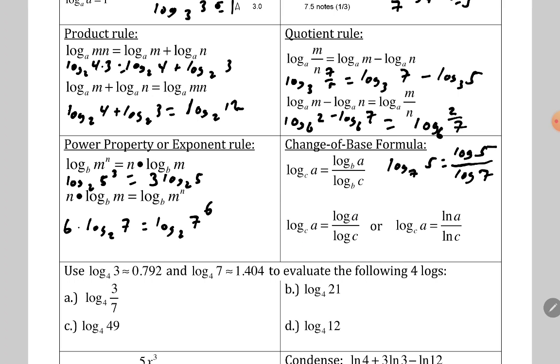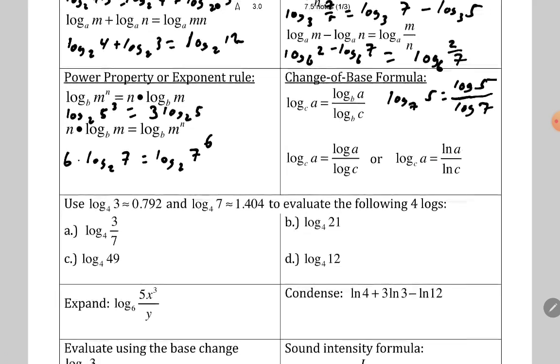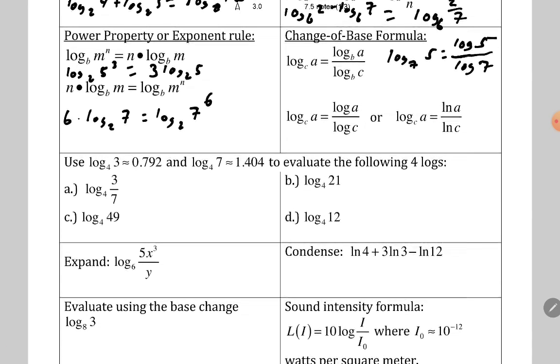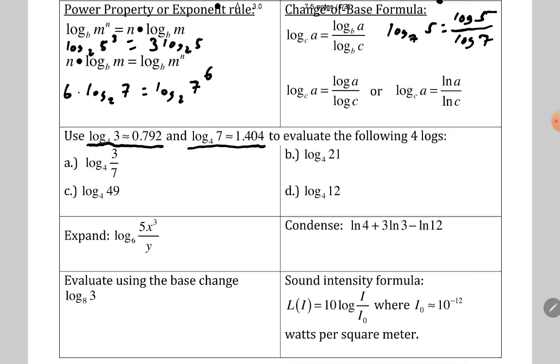And this also works on natural logs. Okay, so a lot of the times we're just going to use a calculator. But if we know the value of something, we can use our rules from above to solve these.